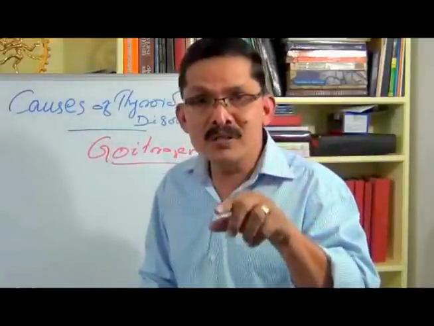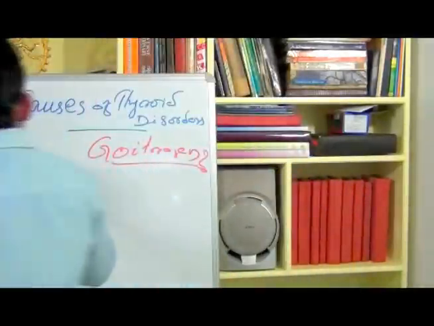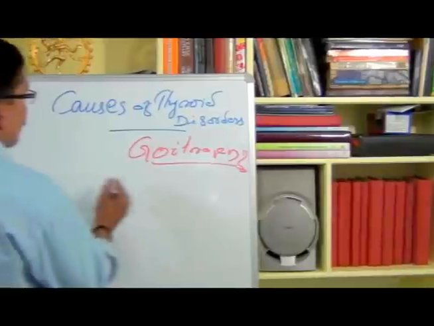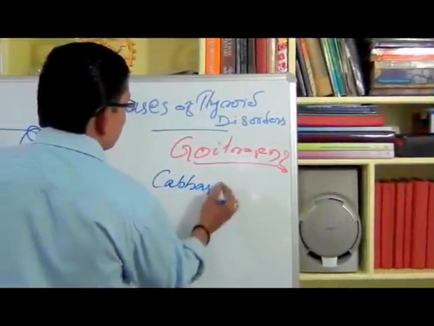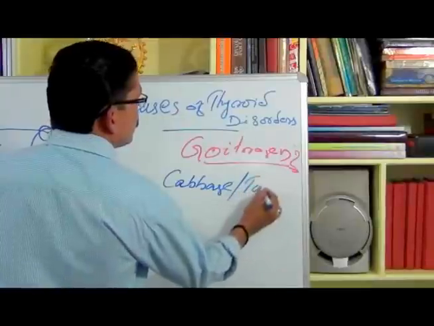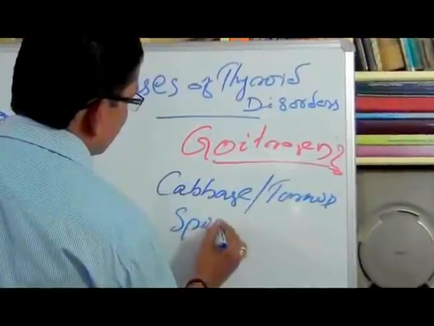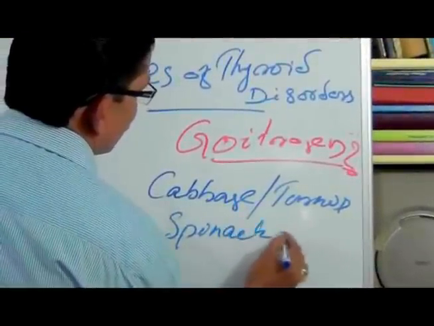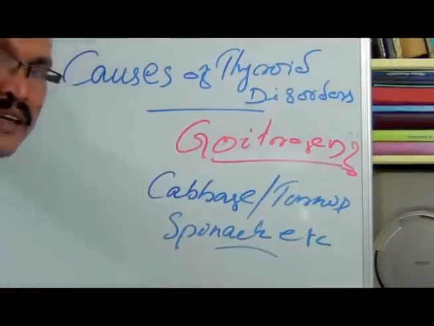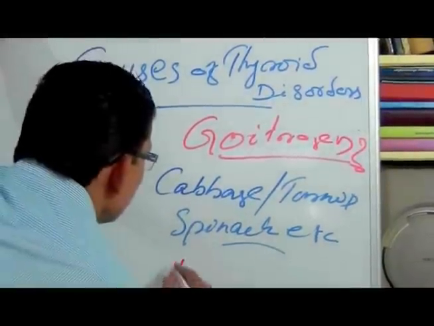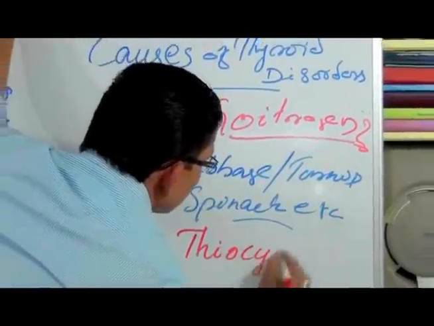Why? Because these food substances, especially cabbage or turnip or spinach, etc., contain a chemical known as thiocyanate.